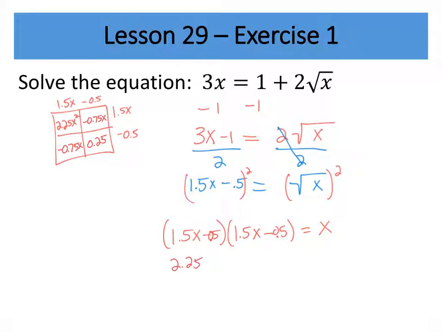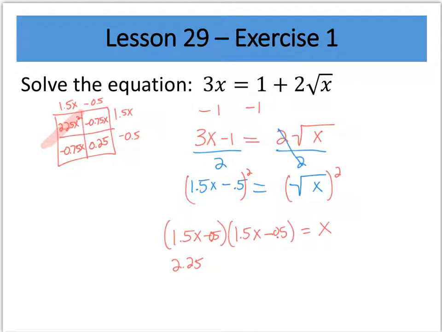2.25 from this diagonal, x squared plus minus 0.75 plus 0.75. So that's going to be negative 1.5x plus 0.25 equals x.